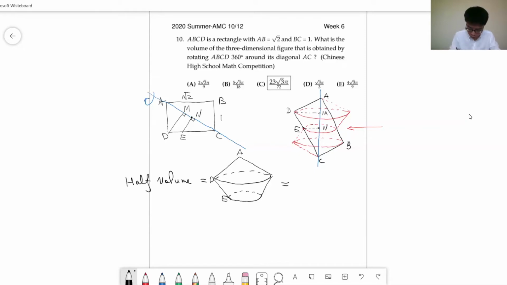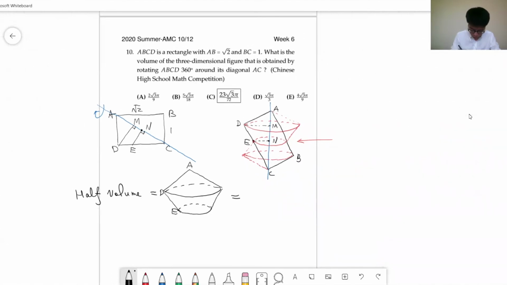And this half volume equals the following. Let me connect this. This is a big solid minus a small cone.